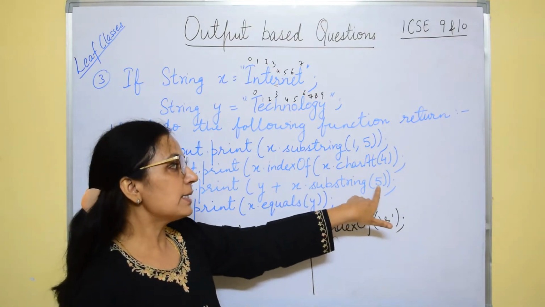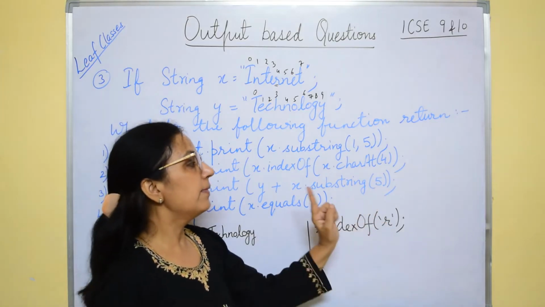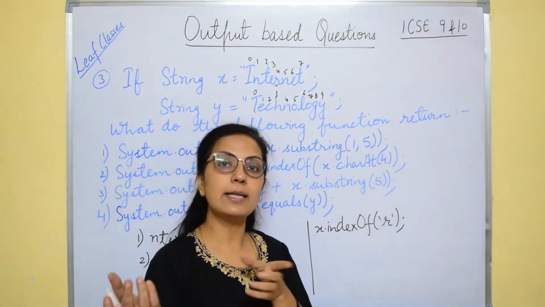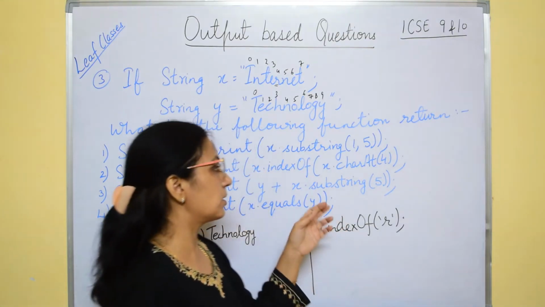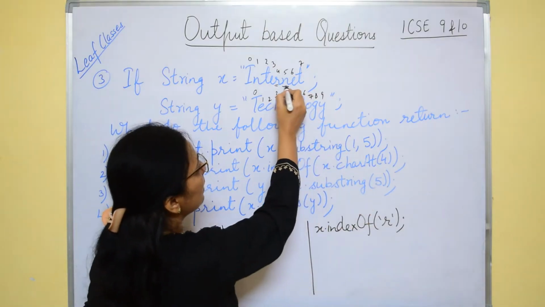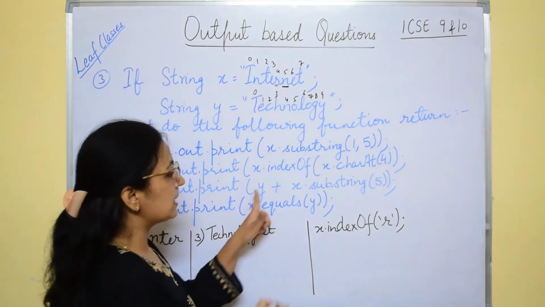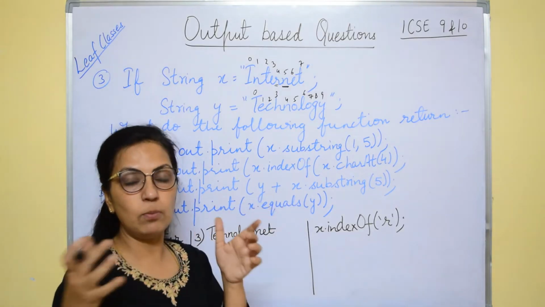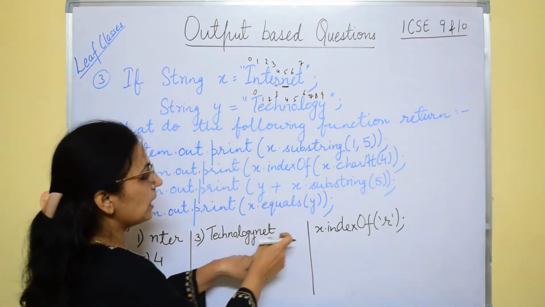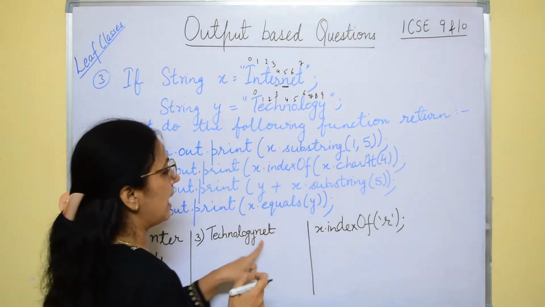If only starting index number is given, then starting from this till end of the string, all the characters are extracted. So from 5th till end. 5th is N, so it will be NET. Here plus sign is used to join both the strings, concatenation. So technology net. 5, 6, 7. Starting from 5 till last.